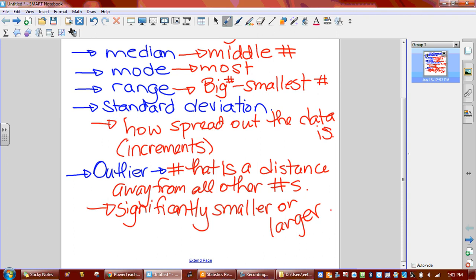Then we're going to talk about a histogram and a frequency polygon. So we have to talk about a histogram and how we create them. Has everybody got this written down?